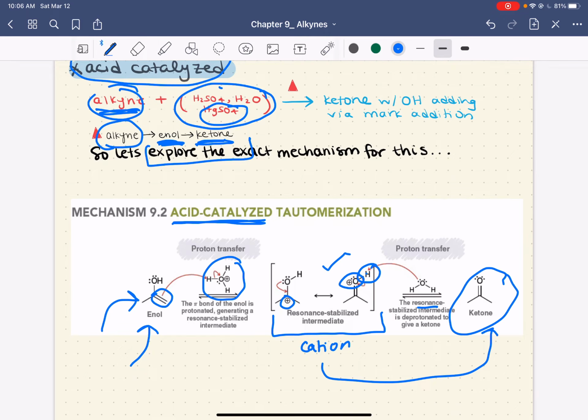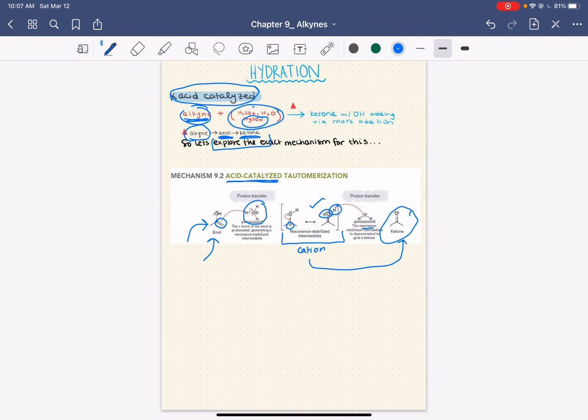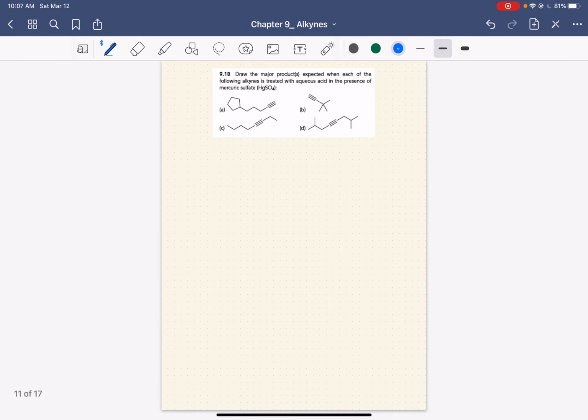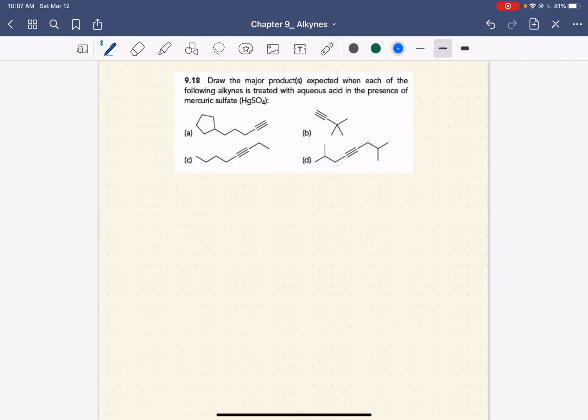For our acid-catalyzed alkynes, remember that we're ultimately converting our triple bond into a ketone. An important thing to note is that acid-catalyzed hydration of unsymmetrical terminal alkynes is just going to yield a mixture of ketones. We might see this in a few of these practice problems that we're going to jump into now.